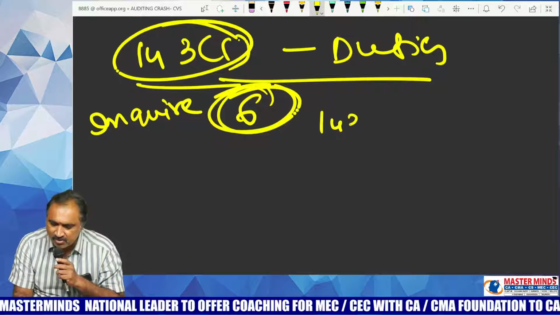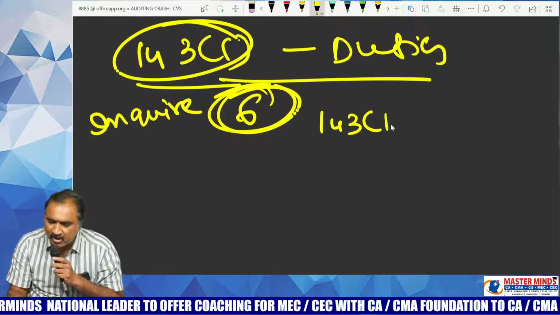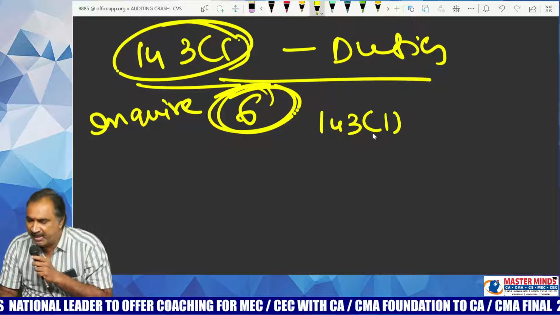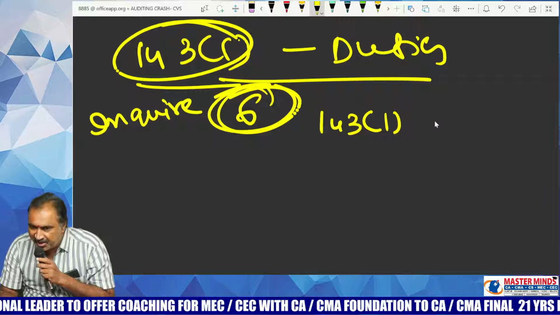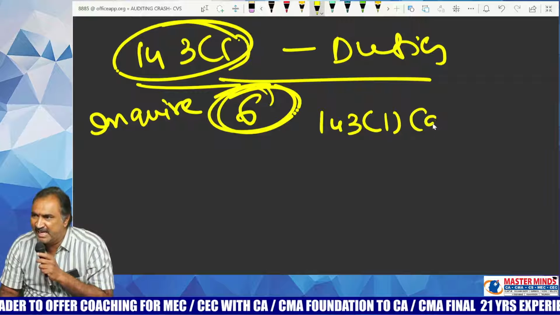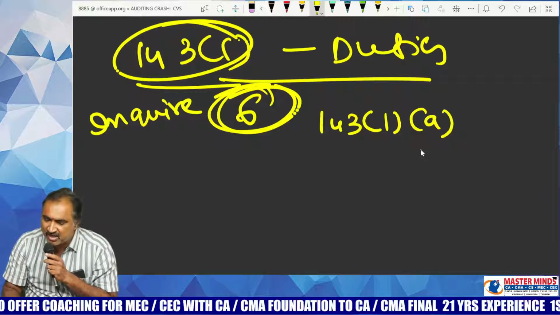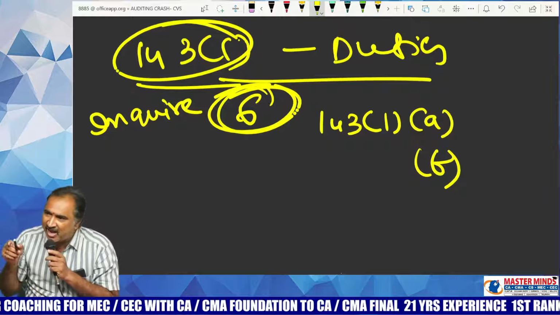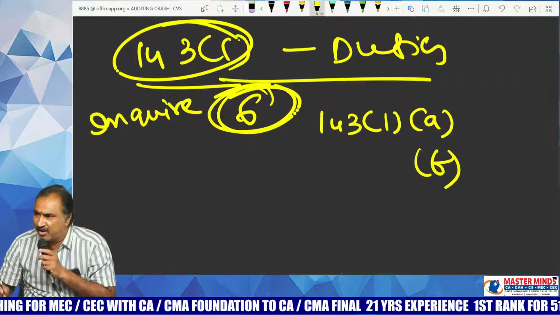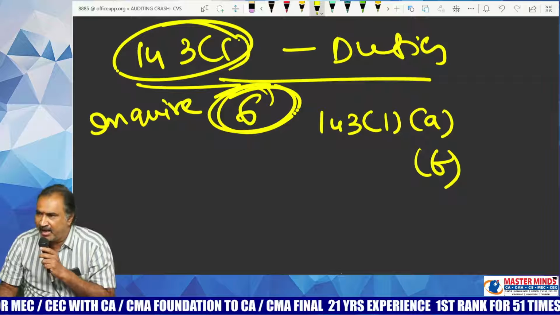They are called 143 subsection 1 clause A, clause B, C, D, E and F. Those 6 aspects must be verified or inquired into by every auditor while carrying out a company audit.